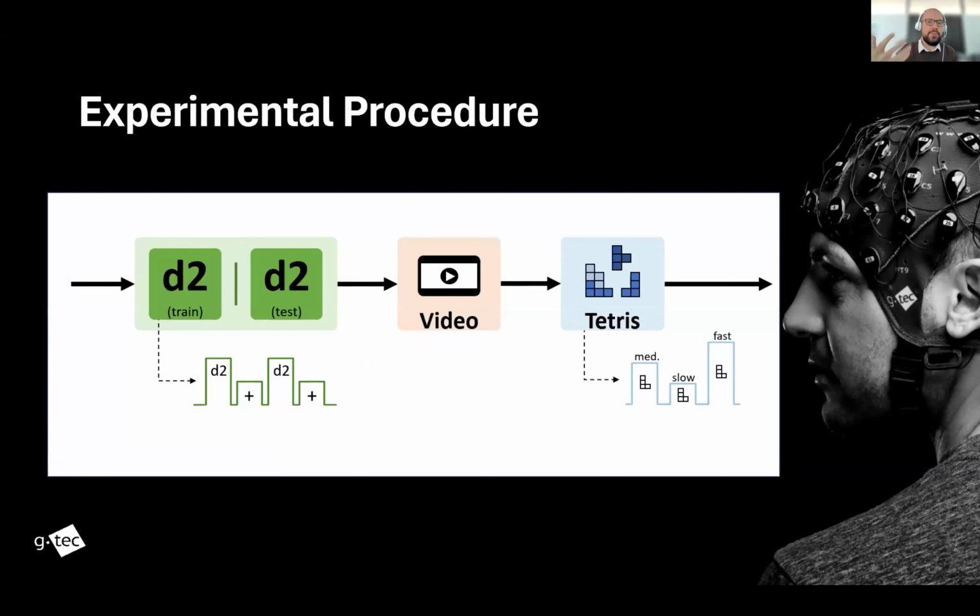Then they were shown a video, and then they were also asked to play Tetris at 3 different speeds: medium, slow, and fast. So we were trying to test how stressed they would be during this task and if they could remain concentrated with it.